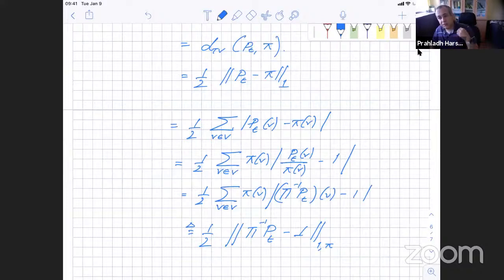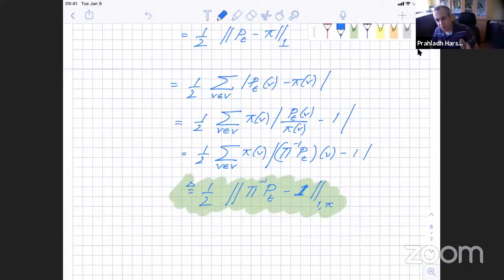But still notice this is not good enough for us. What we know how to work with is the 2 norm. But Jensen, convexity, is going to tell us that this is at most half times the 2 norm of pi inverse PT minus 1. And in general, let's write this definition over here.